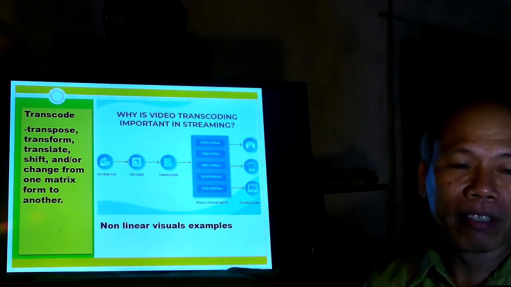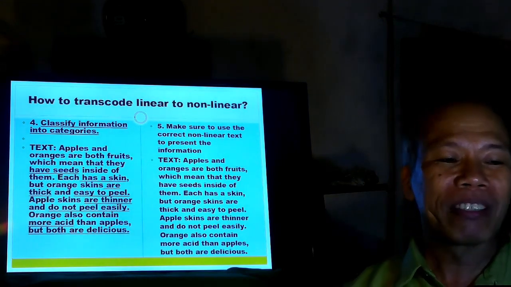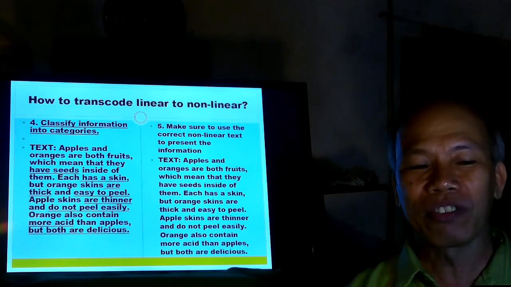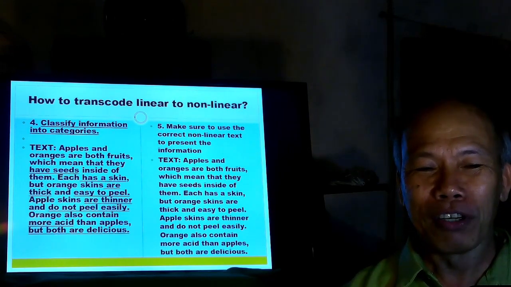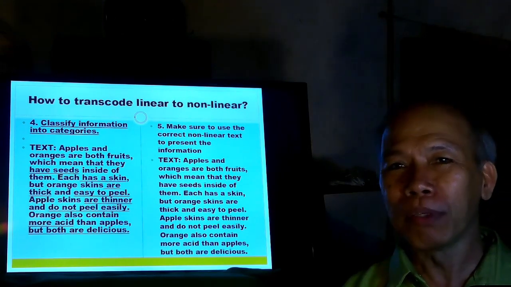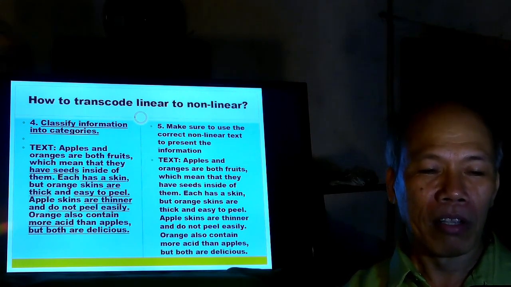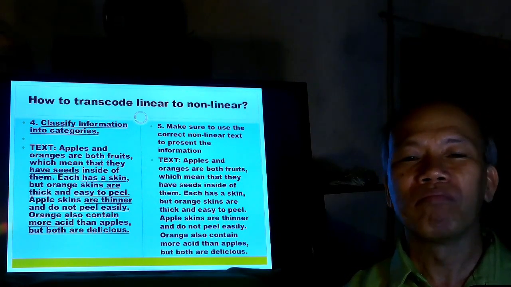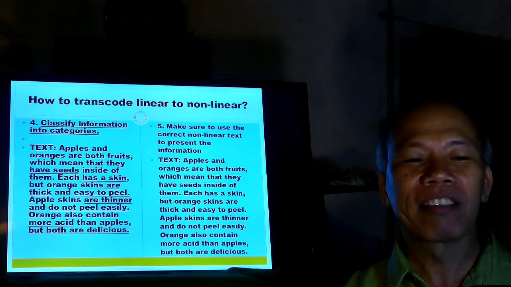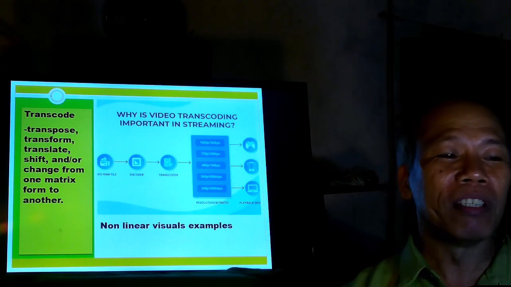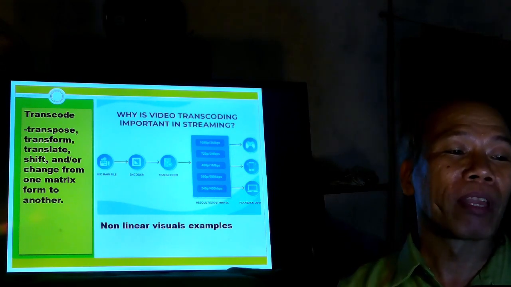Okay, let's go back. What's presented here are apples and oranges. And you have to understand what apples and oranges are. So it's compared. Let's see how to transcode the information.